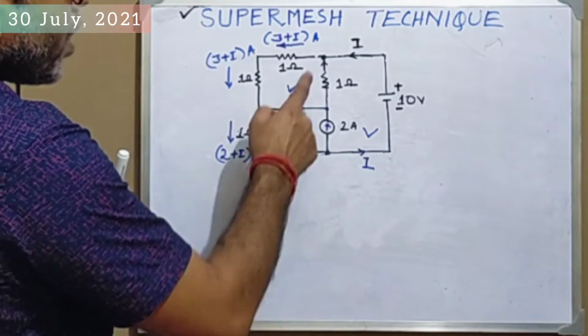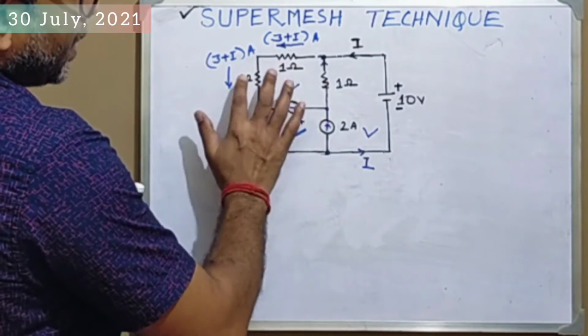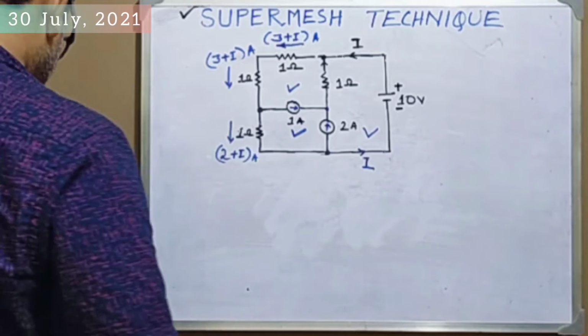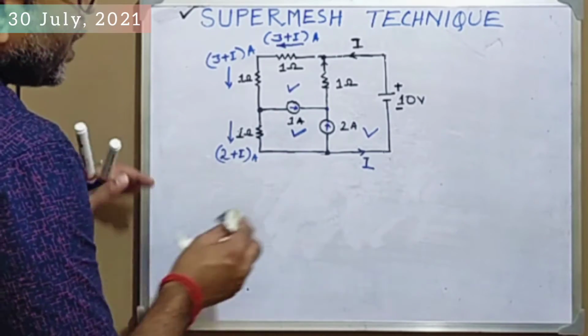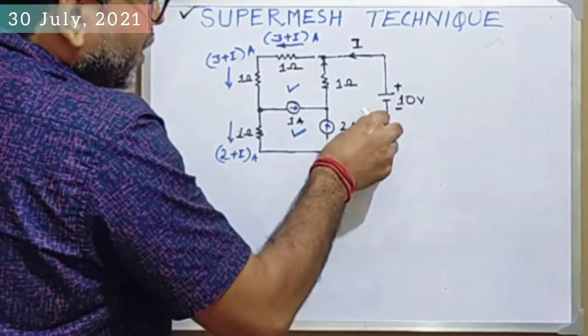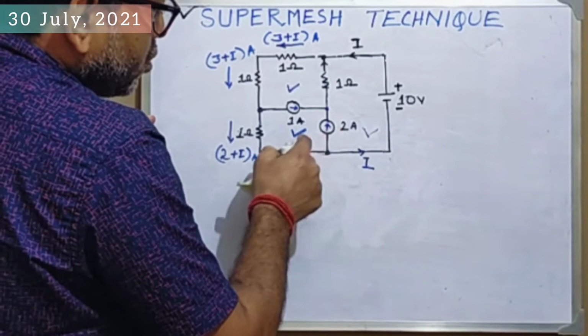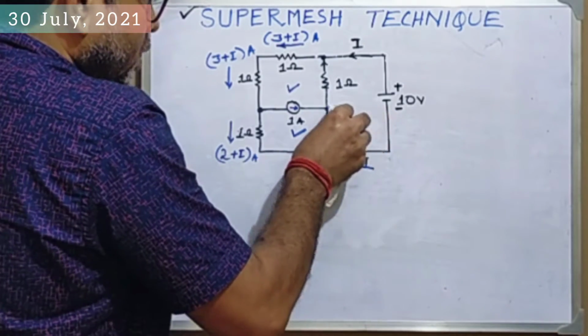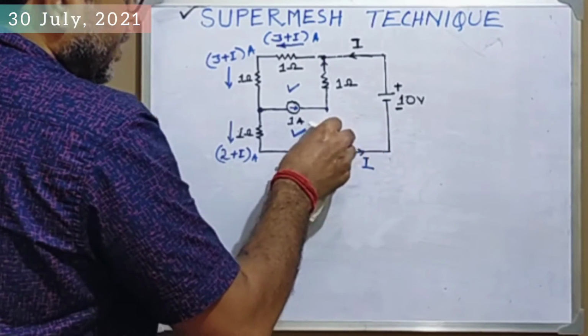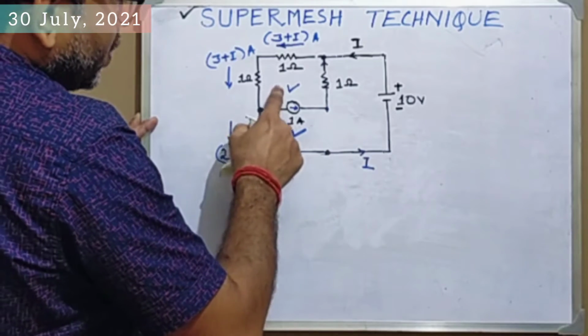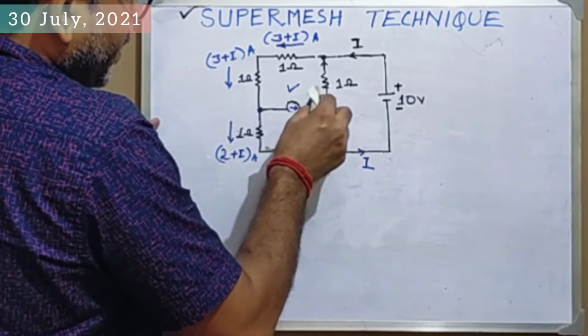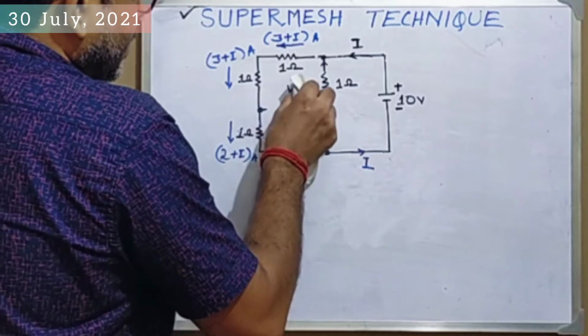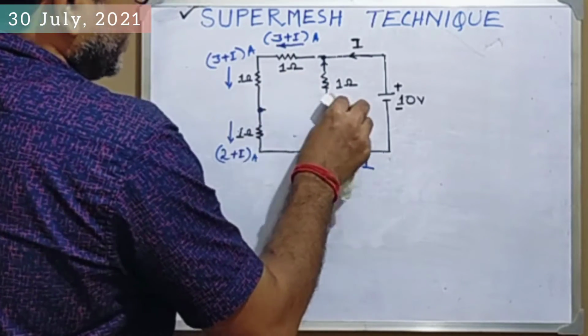Clear? Now we have considered the effects of the currents. Then you can eliminate the common source: the 2 ampere source is common to these two loops, so it can be eliminated. Similarly, the 1 ampere source is common to this and this loop, so the 1 ampere source can be eliminated.